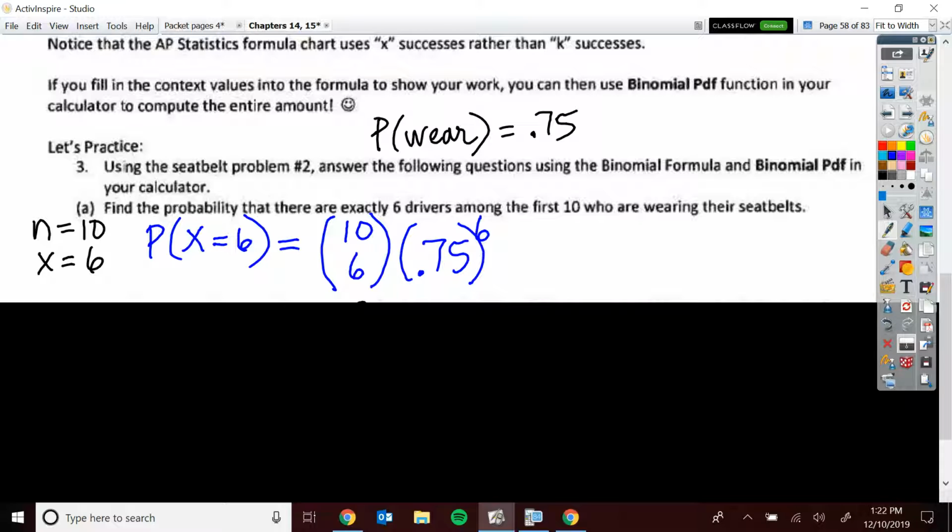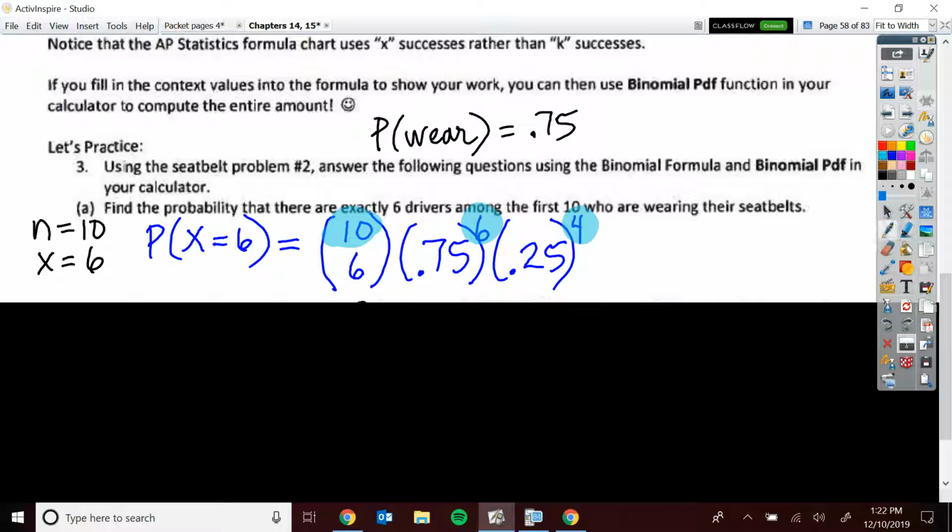So that's the failure probability of 0.25. And if there are 6 successes, how many failures? 4, because recall, failure number plus success number is the total number, always. Those exponents always total to the N.